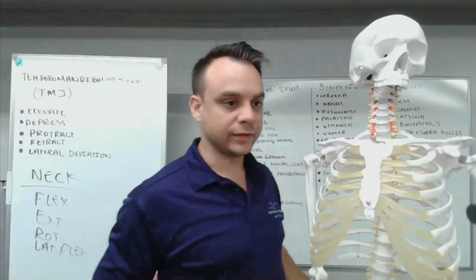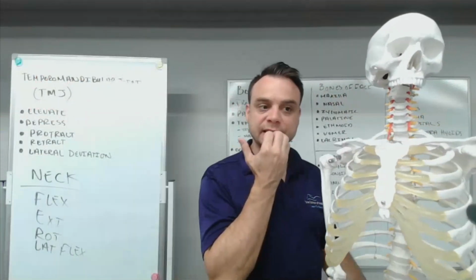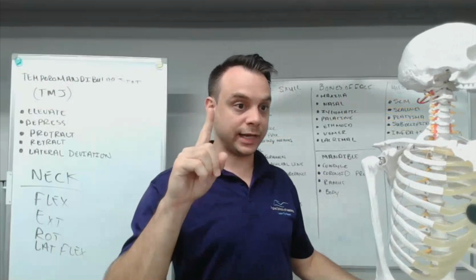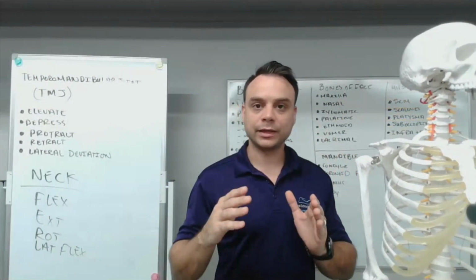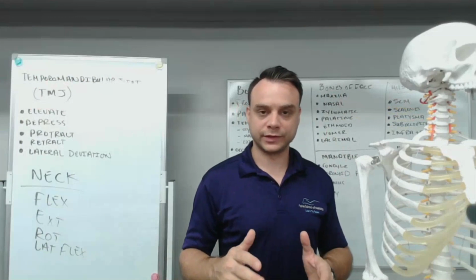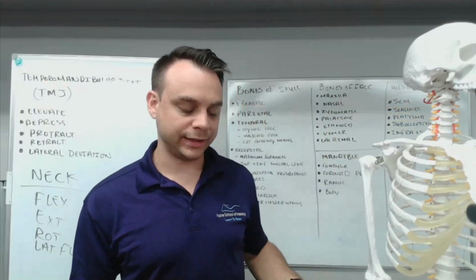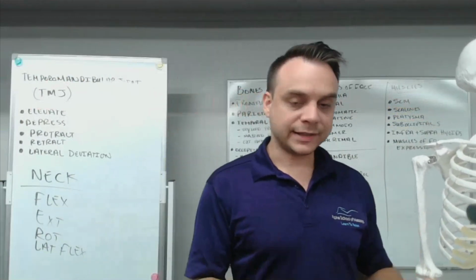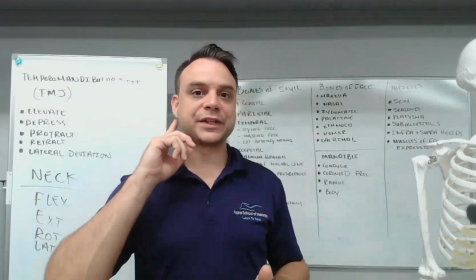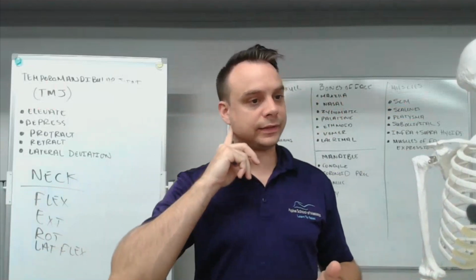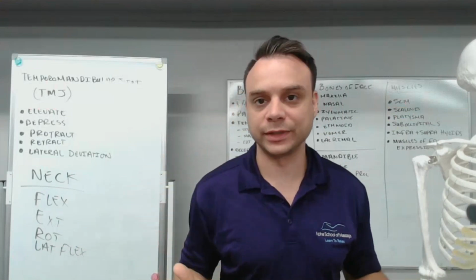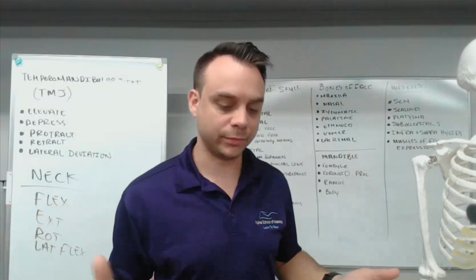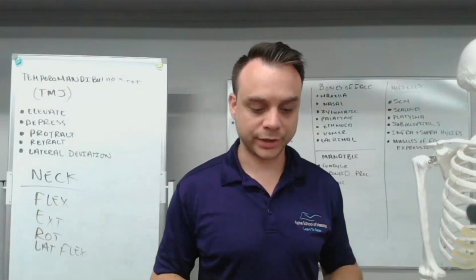The scalenes are actually really easy, and I say to learn the scalenes and the SCM together because they do the same actions essentially, except that theoretically the SCM, the sternocleidomastoid, acts more on the head than the scalenes, because the scalenes can only move so much. But obviously my head's going to go with my neck, right? So it's just not going to move independently per se.